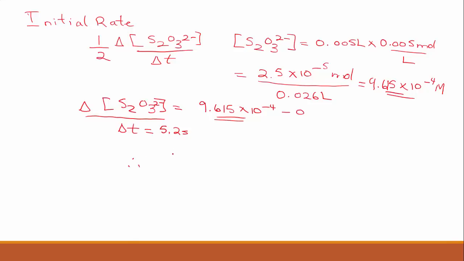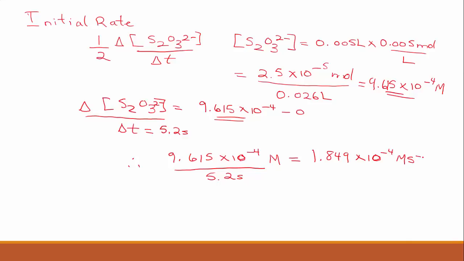Therefore, we get 9.615 times 10 to the negative 4 moles per liter divided by 5.2 seconds, and we get a value of 1.849 times 10 to the negative 4 moles per liter per second.